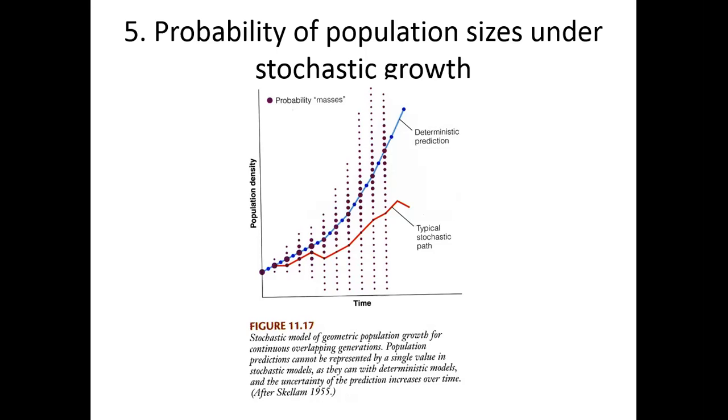But if you get extinction, if you get wandering paths that aren't regular, this is an irregular path, you're almost certainly dealing with stochastic effects, random variation in survival, in reproduction, and in little r, the population growth rate.